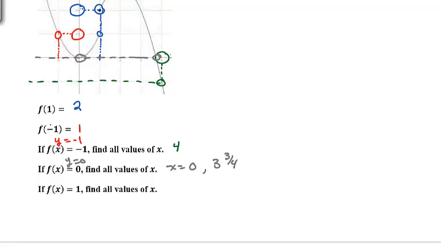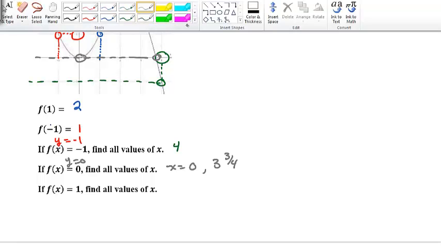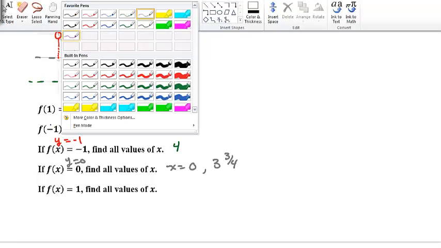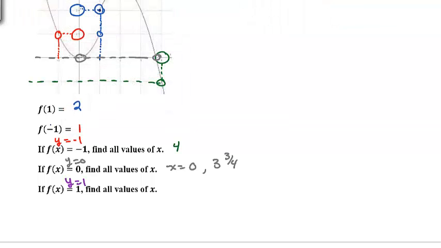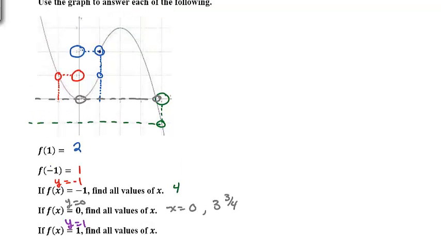Now we're saying that y is equal to 1. And what are the x values associated with that y value? So now draw a horizontal line at y equals 1. And so again, we're going to have to kind of guess there. And then it's crossing.